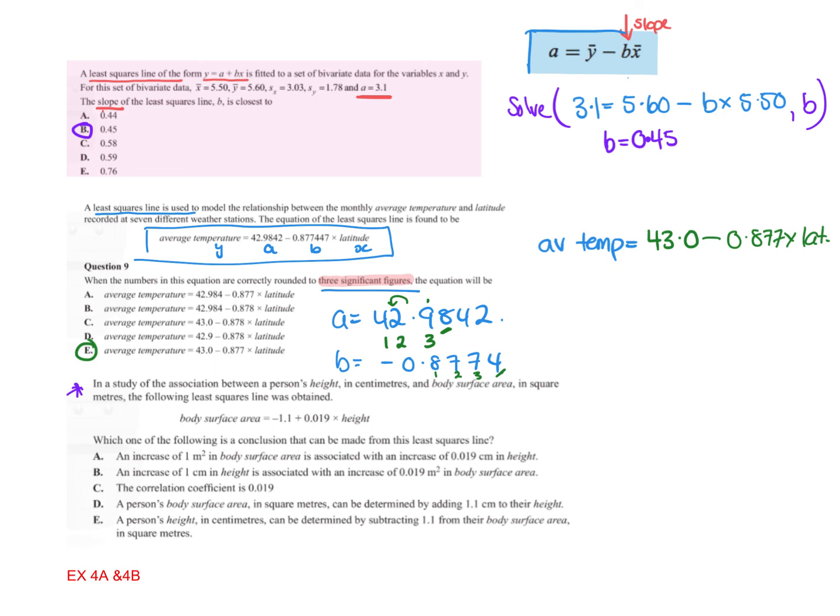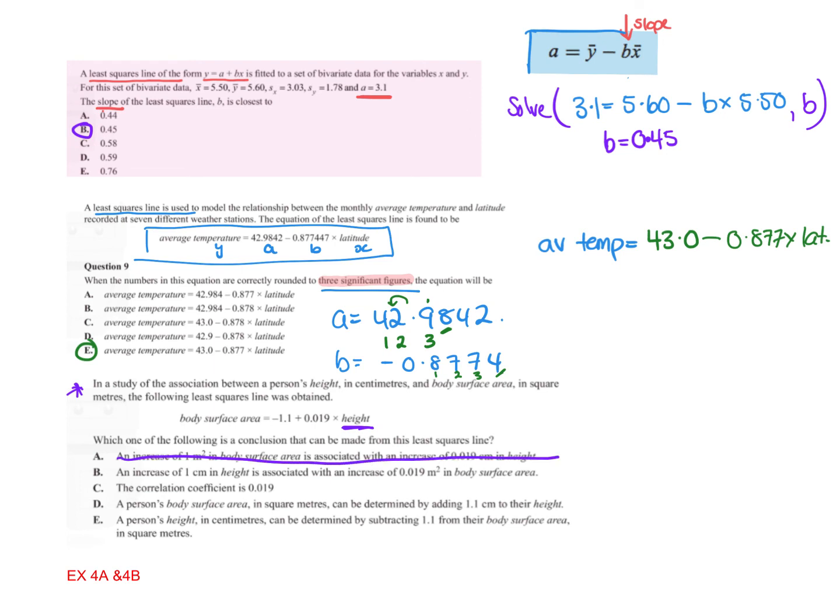An increase of 1 meter squared in body surface area is associated with an increase of 0.19 in height. This is not true. When they're saying you're increasing something or decreasing something, you want to be doing the X value. Here they're talking about increasing the Y. So get rid of it. It's a stupid statement. You don't want that.